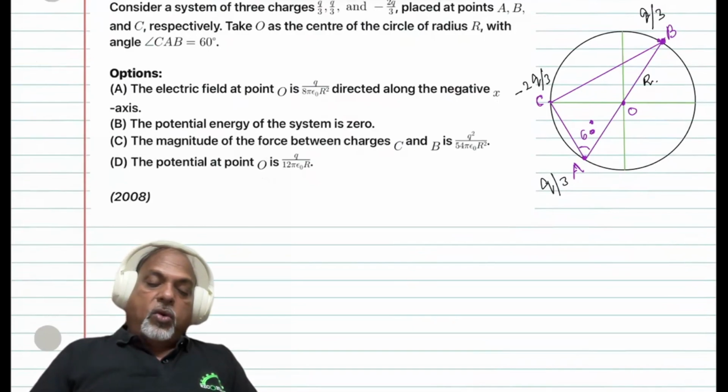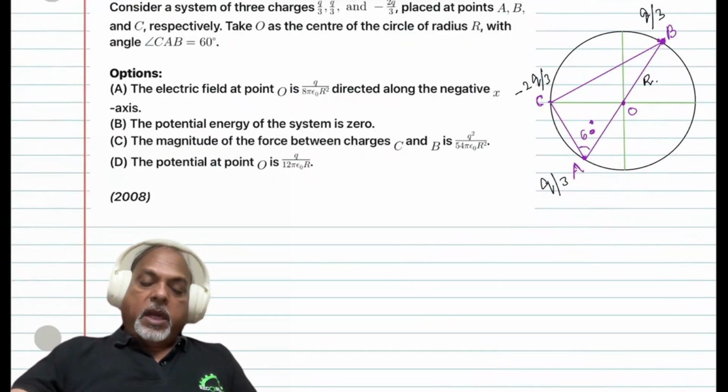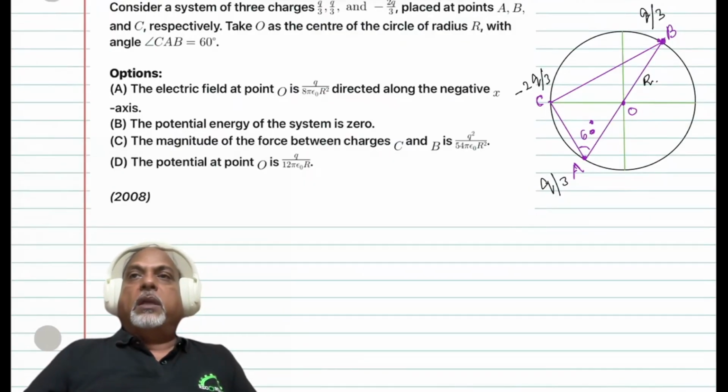Electric field at O is Q upon 8 pi epsilon 0 R square, directed along the negative x-axis.